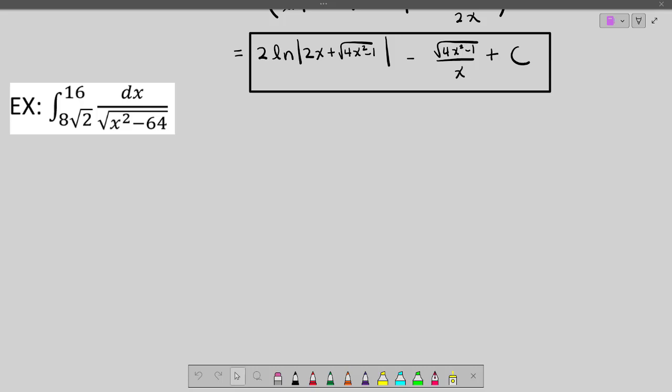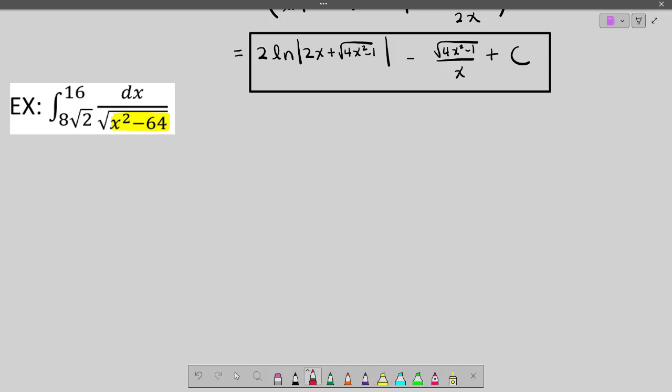Trig sub is going to be the substitution that we want to use here. One of the indicators that trig sub is a good way to go is that we've got a difference of squares, and we can't use regular substitution. In order for regular substitution to work, the derivative of that quantity would have to be present, and it's not.